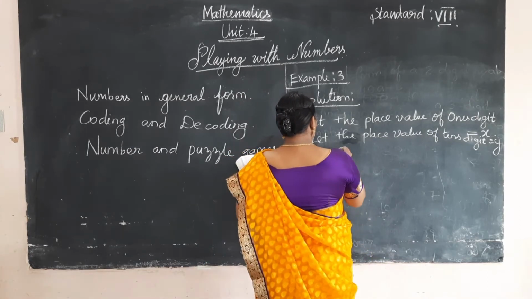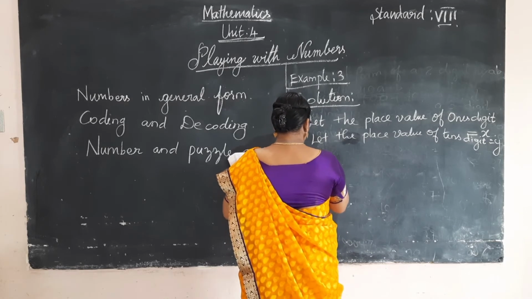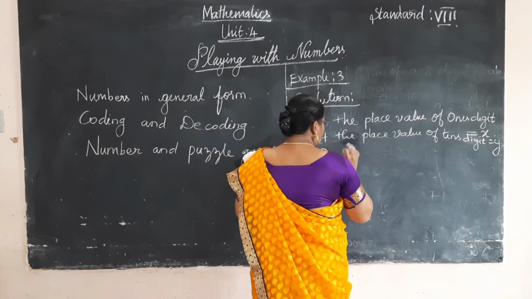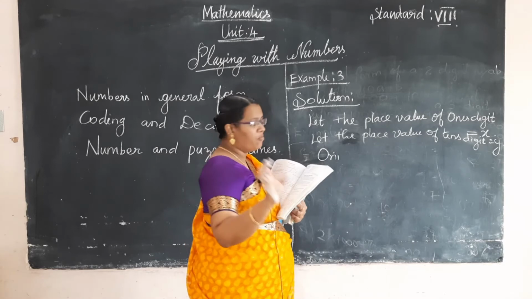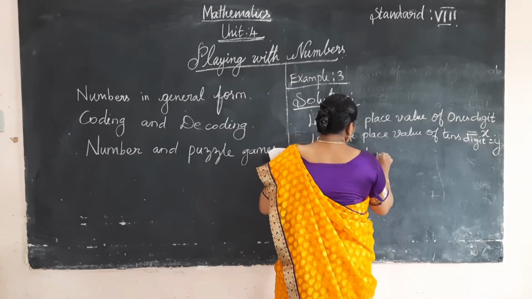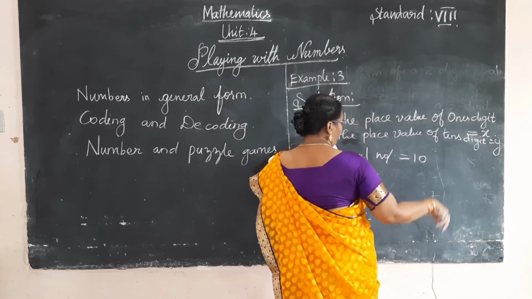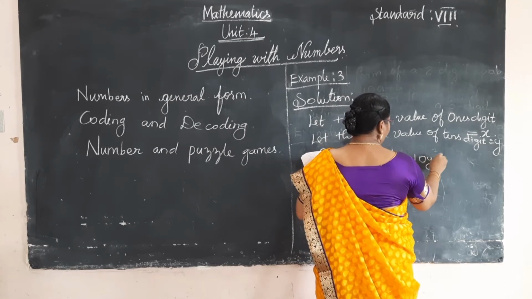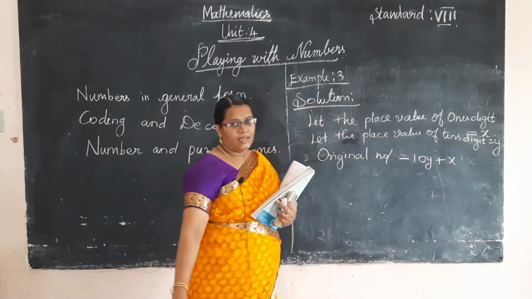So the general form, we have considered the original number. Original number means general form, a 2-digit number. Original number is equal to 10 times y, the tens digit, plus the ones digit x.